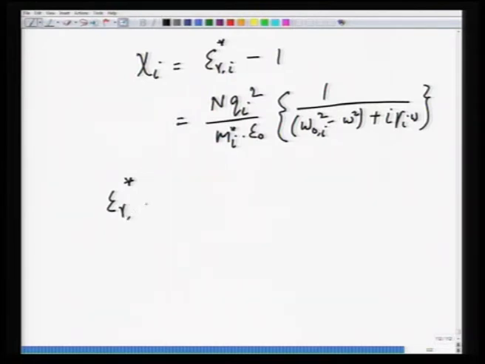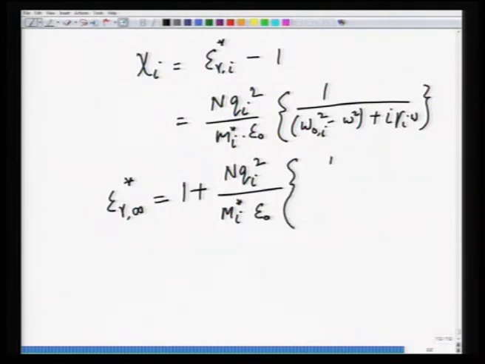Okay. And if you just make this equivalent, then what you are getting is epsilon r star minus epsilon r infinity, where the infinity term basically means the static dielectric constant, and this is equal to 1 plus n q I square divided by m I star epsilon naught into 1 divided by omega naught I square minus omega square plus I gamma I omega.